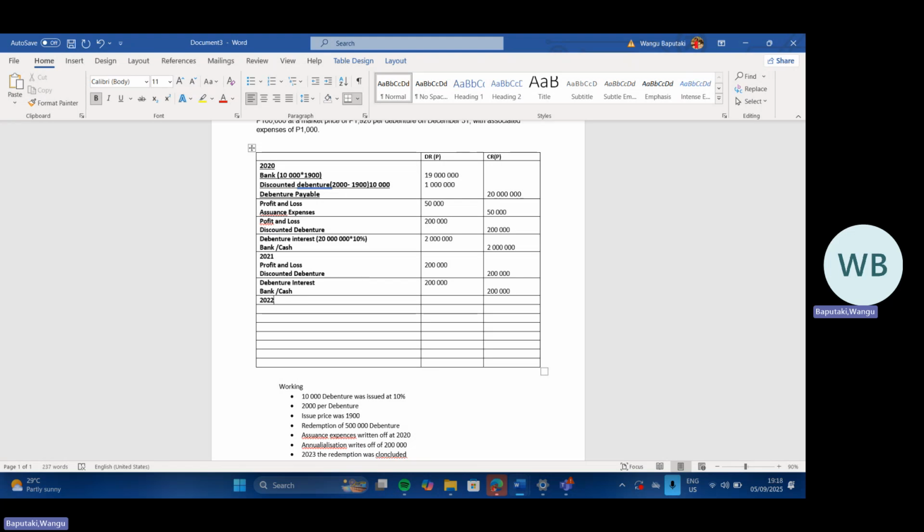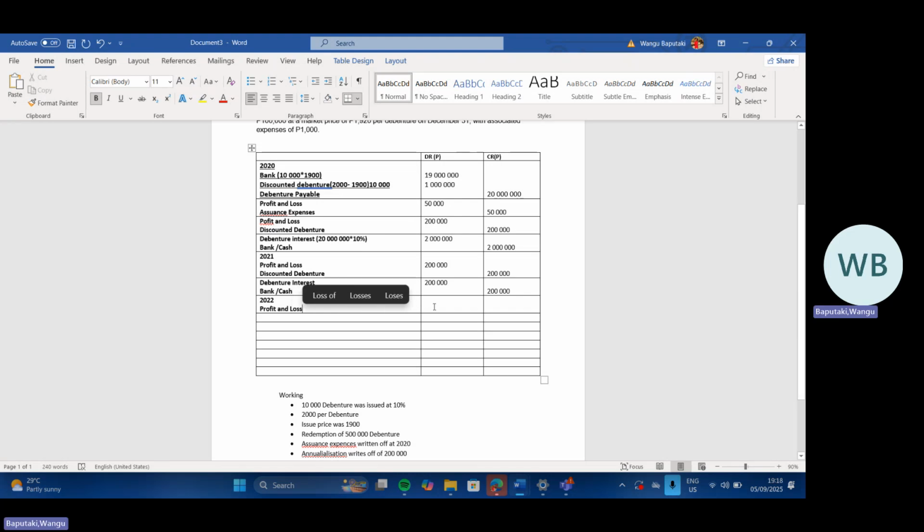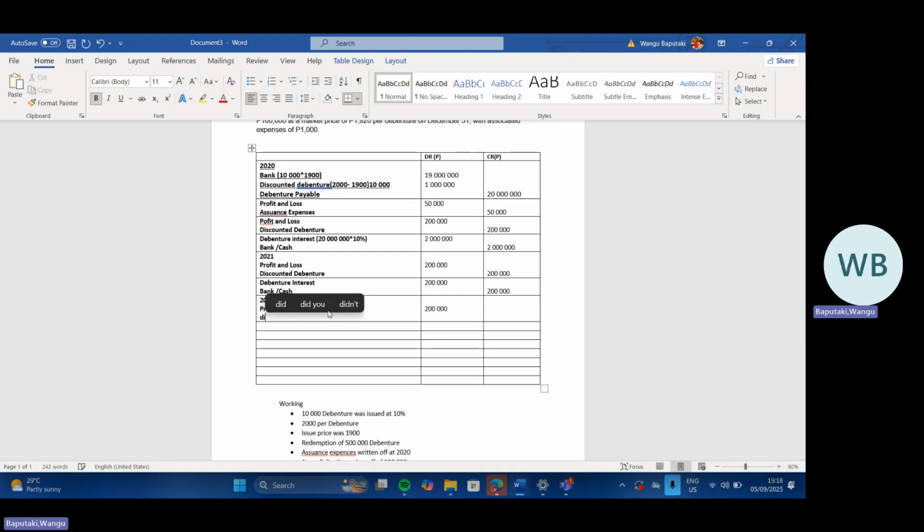Discounted debenture, I credit 200,000. Then we move to debenture interest.